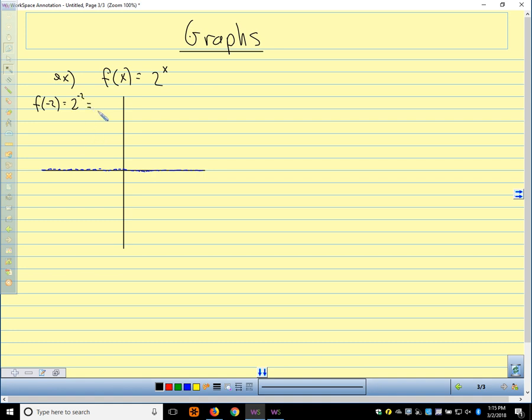And I can rewrite 2 to the negative 2 as 1 over 2 squared. So it's 1/4. So over here at negative 2, we get a point at 1/4. F of negative 1 is 2 to the minus 1, which is 1/2.